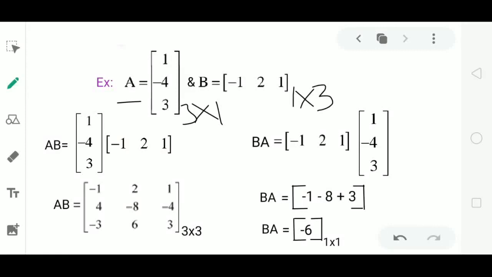We know that we can multiply two matrices only when number of columns of first matrix is equal to number of rows of second matrix.